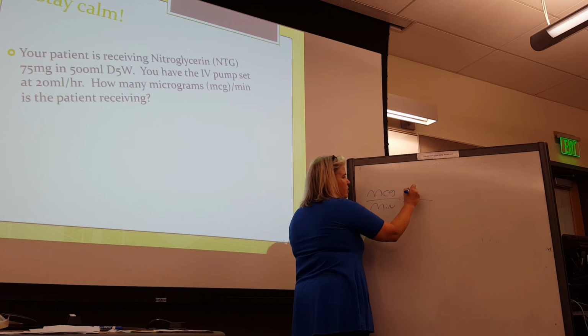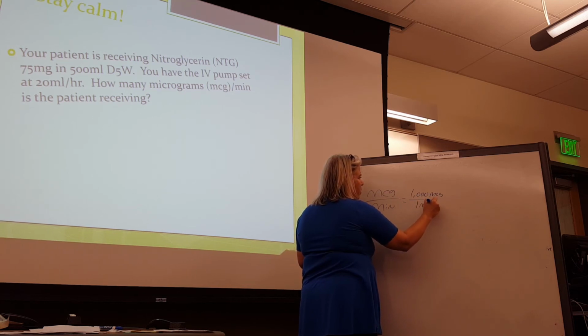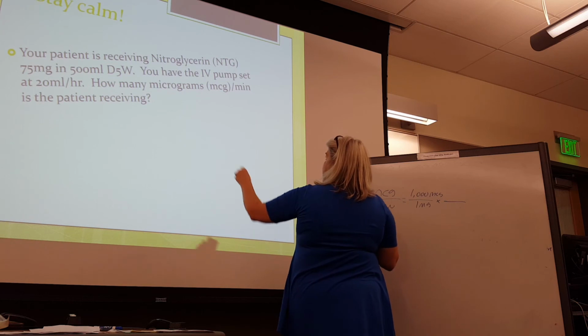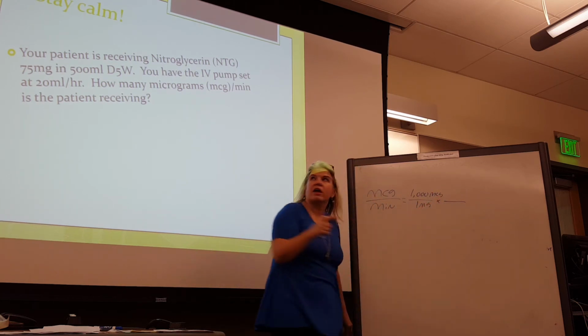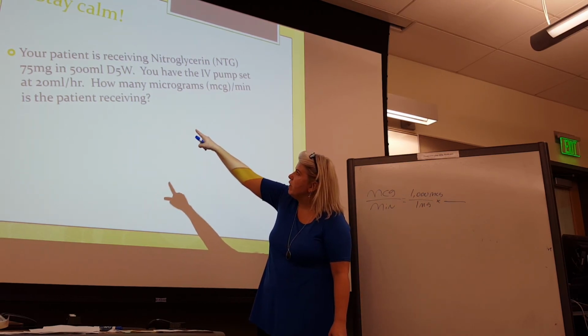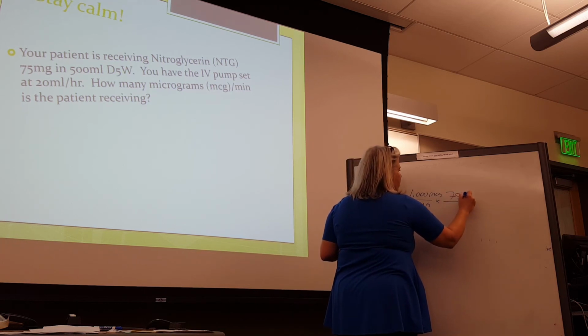So there's 1,000 micrograms in 1 milligram. And then we want the milligrams on top here, because that's going to cancel out. So we're going to find our milligrams in here. There's 75 milligrams in 500 milliliters. So 75 milligrams goes on top here, 500 milliliters on the bottom.